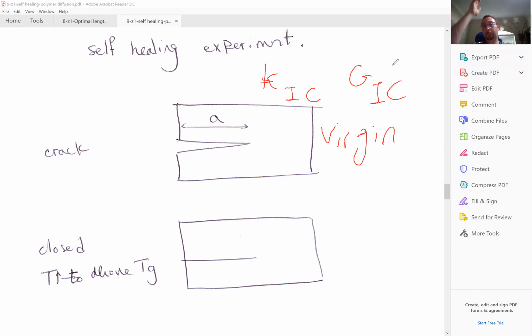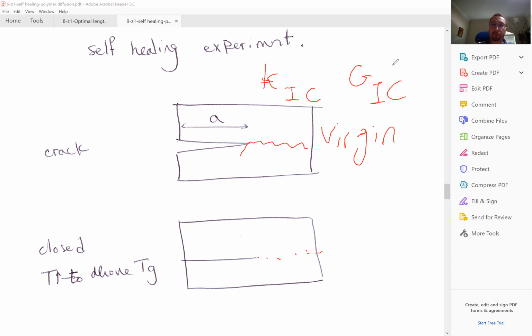Let's say during this experiment, we break the two. So basically, the crack goes all the way, and boom, this material is broken. So it went all the way. Now, we put everything back together and trigger the self-healing mechanism.